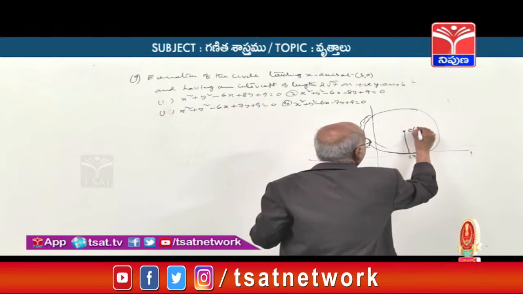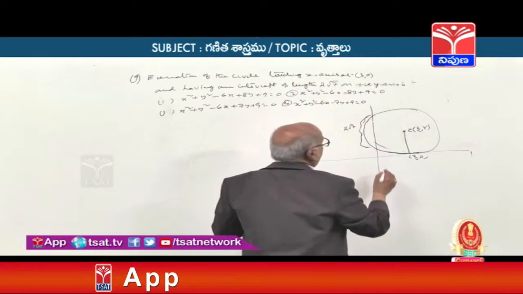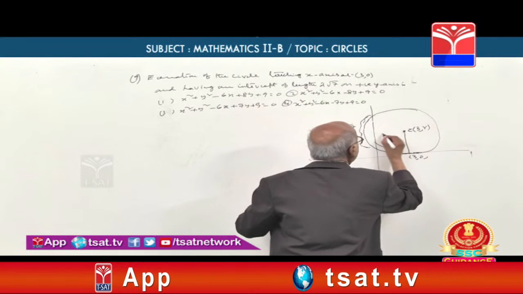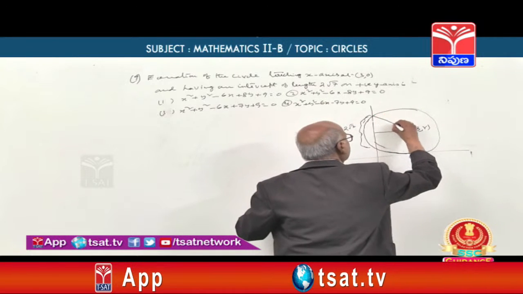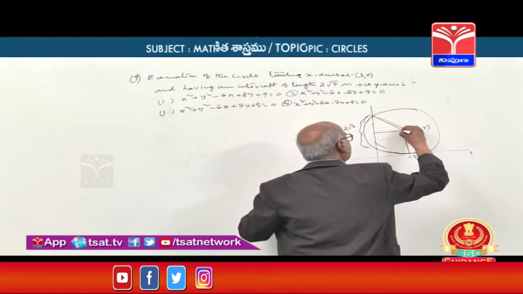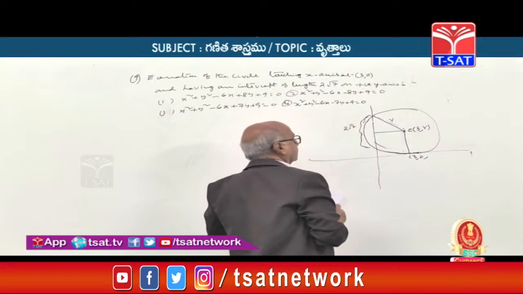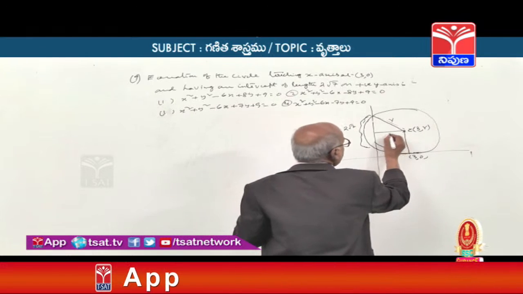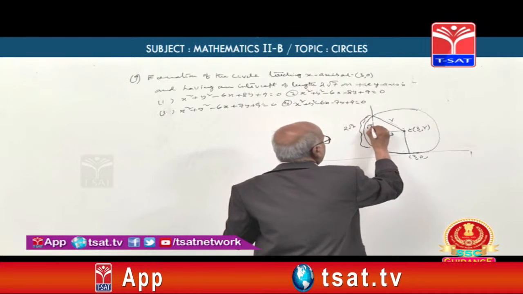C is equal to (3, R), the center, and you can have that. This is R, and you know that this is 3 and this is root 7.